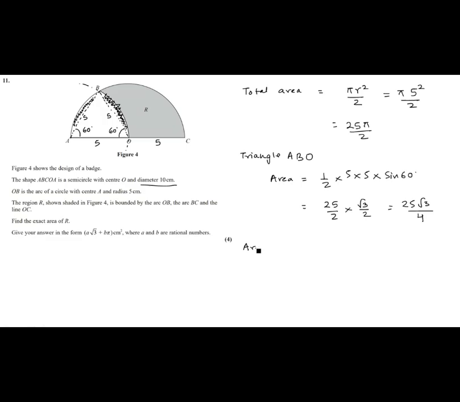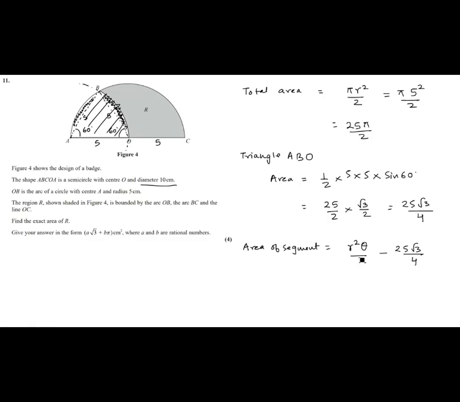So area of a segment, we use the formula: the area of the sector, this whole sector ABOA, will be r squared theta by 2, minus the area of the triangle, which is r squared sine theta by 2, which is what we have calculated previously. So this will be 25 root 3 by 4.